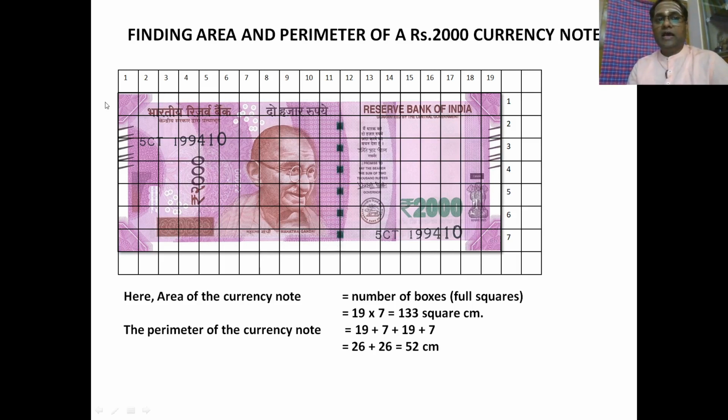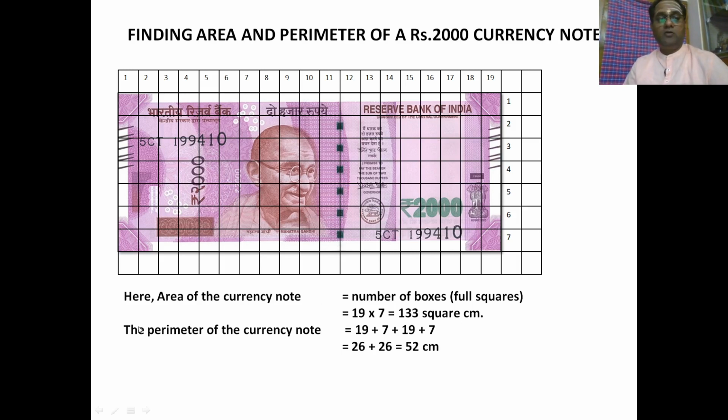So there are 7 rows of 19 boxes each. So the number of boxes will be 19 into 7, that makes 133. So in a 2000 rupee note there are 133 square boxes of 1 centimeter side each. So the area of the 2000 rupee currency note is 133 square centimeters.